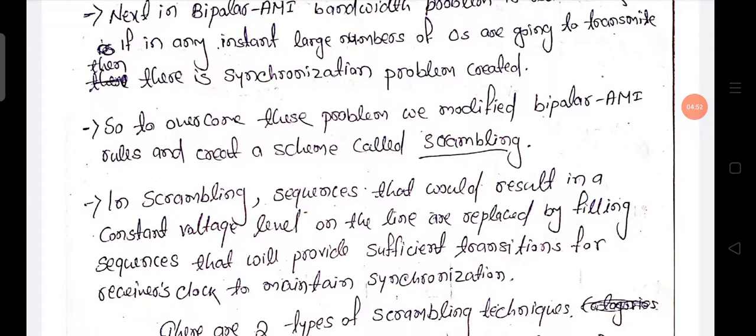The sequence which is used for replacing purposes on the sender side should be known to the receiver end, so that it can revoke that sequence and get the original information.